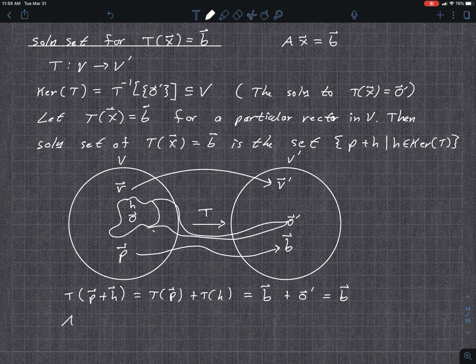And that's exactly the format we would have had for a matrix. So if you put it in matrix form, it would be A of p plus h, just like that. So that's just what we had before. So you could actually just fill it in directly. You have the same exact form.